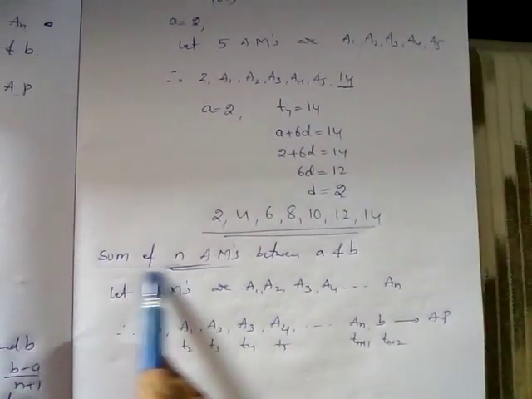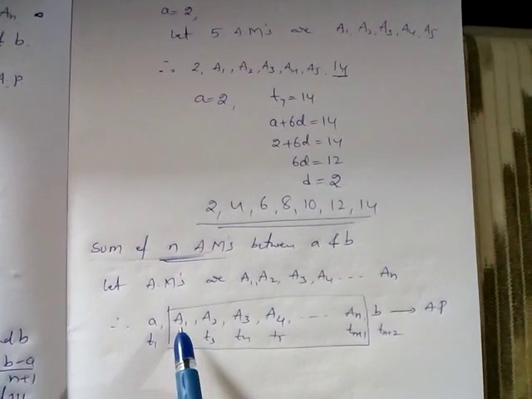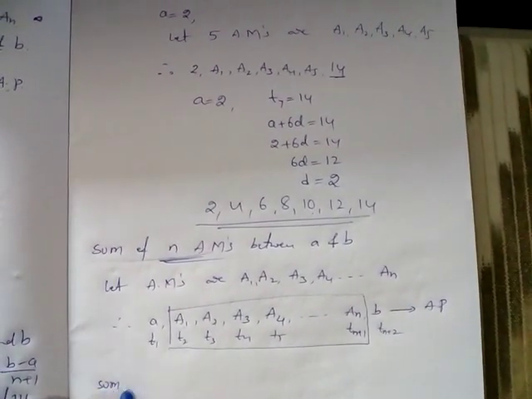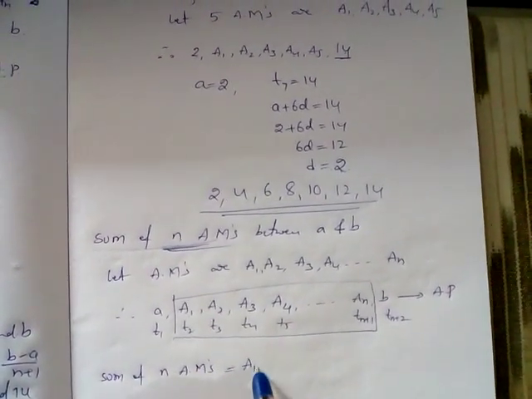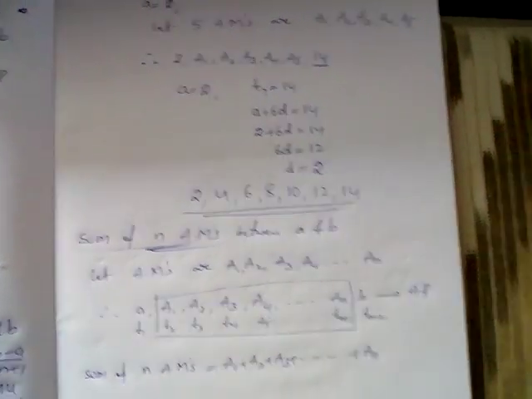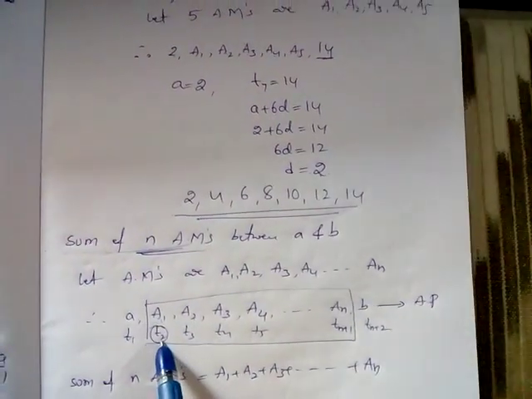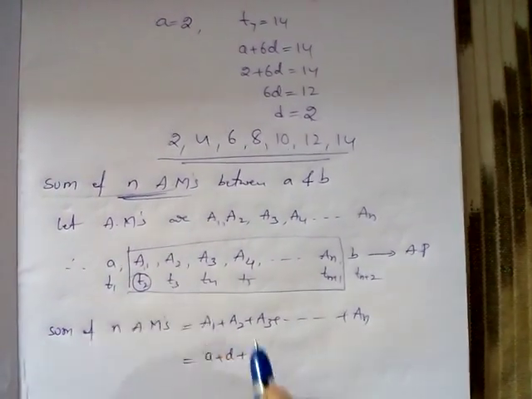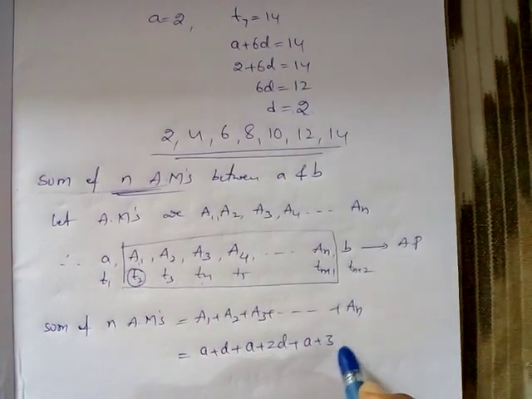So here the sum of n arithmetic means we add like this: a1 plus a2 plus a3 plus a4 plus so on up to an. a1, that is the second term, means a plus d. a2 means the third term, a plus 2d. a3 means the fourth term, a plus 3d.